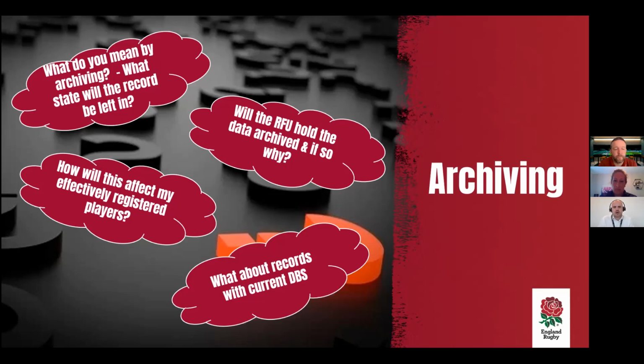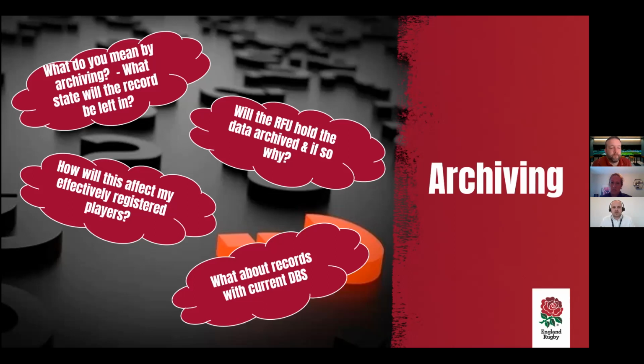So what do we mean by archive? Effectively, that's taking records out that we see as unusable for clubs and for CBs and for the RFU. So if an individual can't be contacted, if that record doesn't have a minimum set of data, then we'd be looking to take that out of GMS and archive that, and keep those records that are in GMS in a usable state.